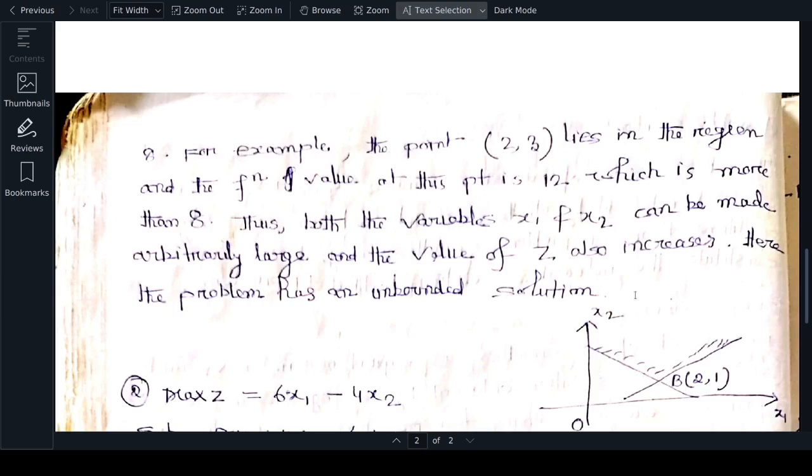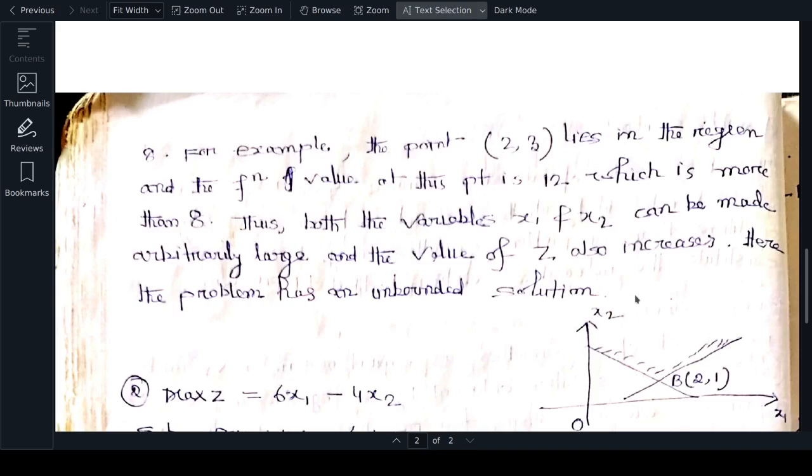For example, consider the point 2,3. Point 2,3 lies in the shaded region, meaning the feasible region, so it is also a solution. Again 2,4 also lies in the solution, or you can consider 3,4 in this way.